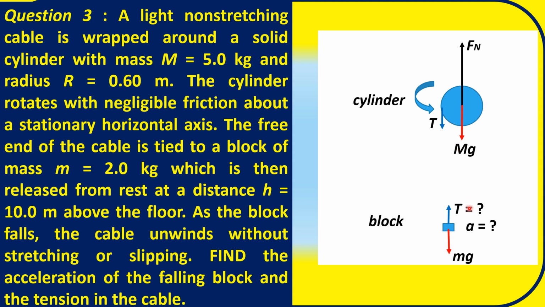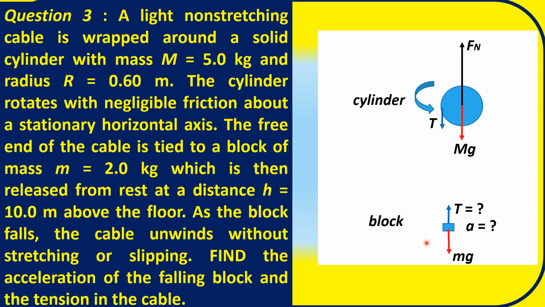We are able to say that these two tension forces are equal because we assume that the cable does not slip as it unwinds. No slipping and no stretching of the cable allows us to assume that the two tensions in the cable are just equal but in opposite direction.